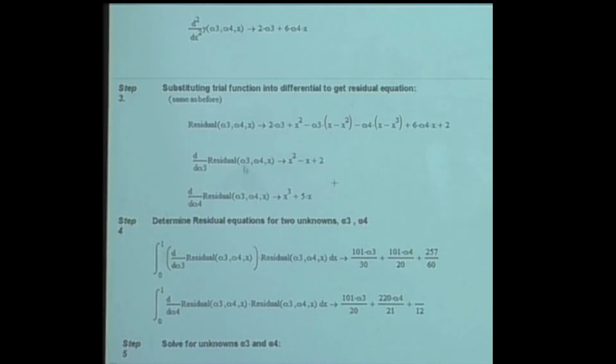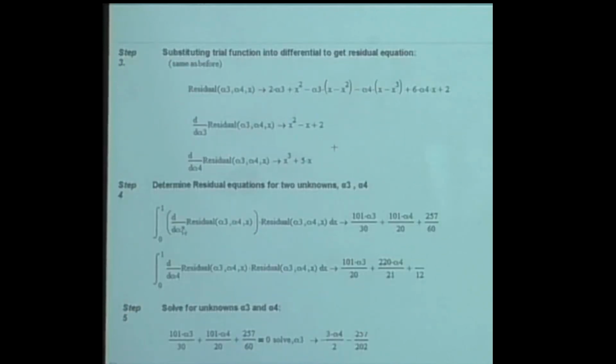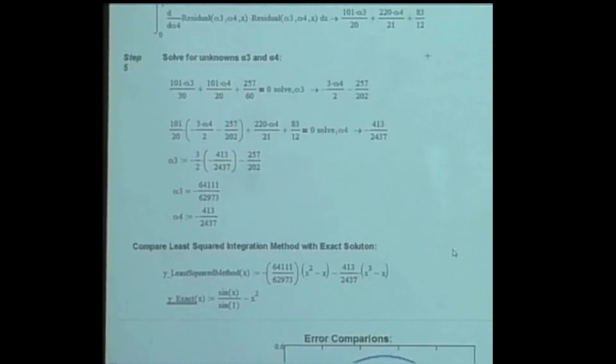So now we substitute the derivative of the residuals and multiply them into the integral equations, where we have the derivative of the residual times the residual, and then we integrate that from 0 to 1. And so we have two equations and 2 unknowns. The 2 unknowns are alpha 3 and alpha 4 in this case. And so we can solve, and then we get out different unknown terms.